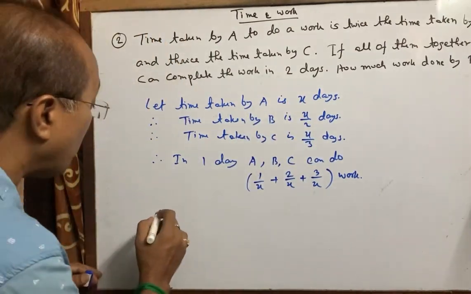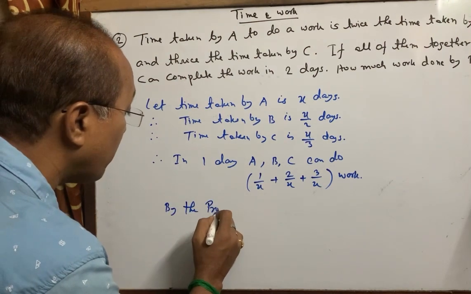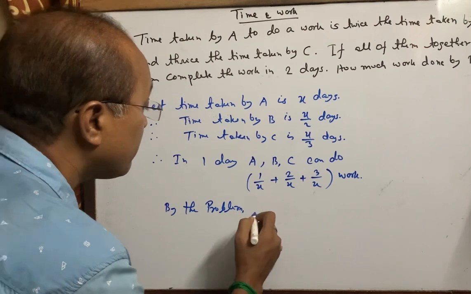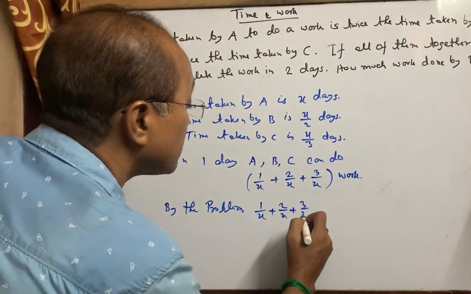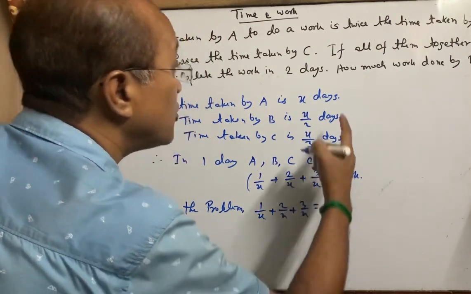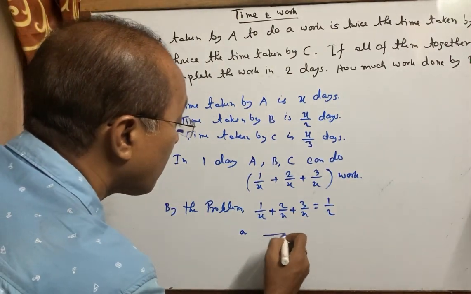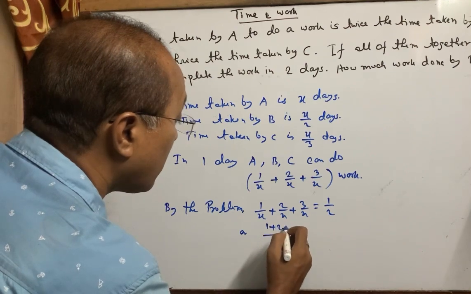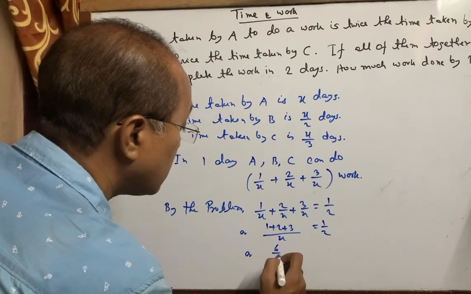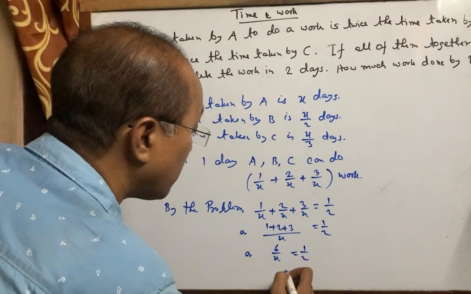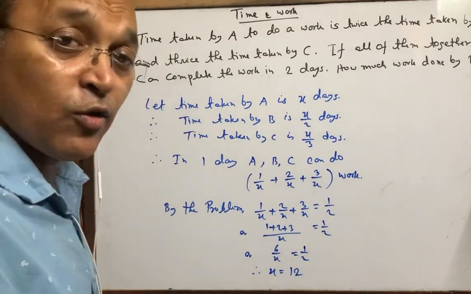So by the problem, 1 by X plus 2 by X plus 3 by X is equal to 1 by 2, or we can say 1 plus 2 plus 3, that is 6 by X is equal to 1 by 2. Therefore, X is equal to 12. So we got the value of X as 12.